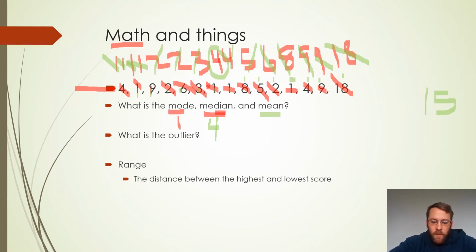Bear with me for a second. 4 plus 1 plus 9 plus 2 plus 6 plus 3 plus 1 plus 1 plus 8 plus 5 plus 2 plus 1 plus 4 plus 9 plus 18. I have 74 divided by 15. 4.9 is my mean. The average of all those numbers is 4.9.